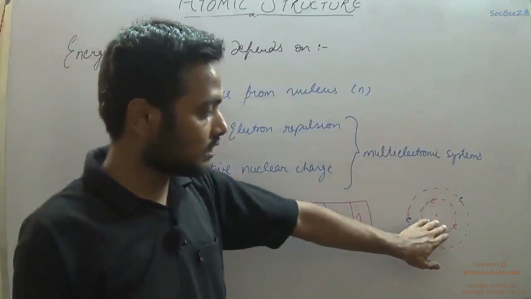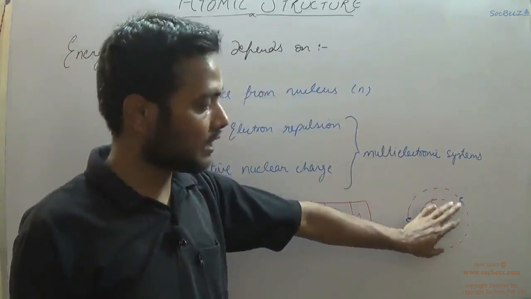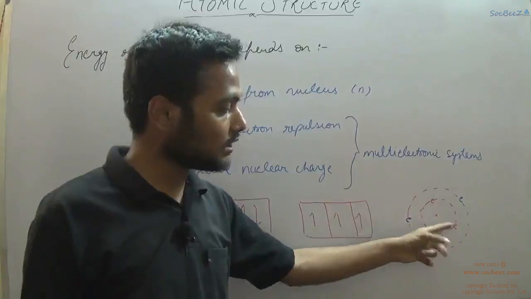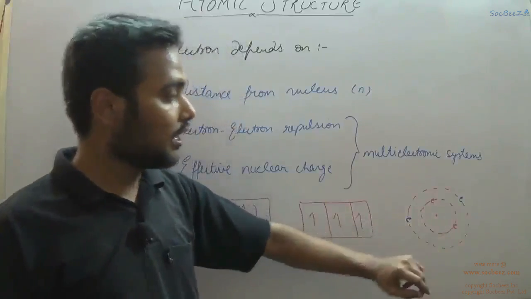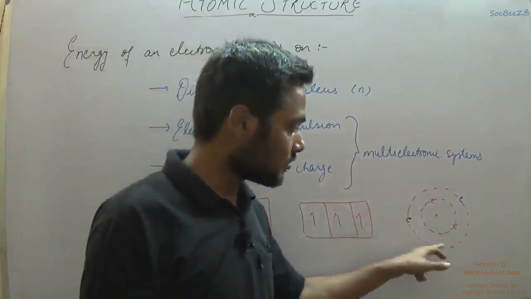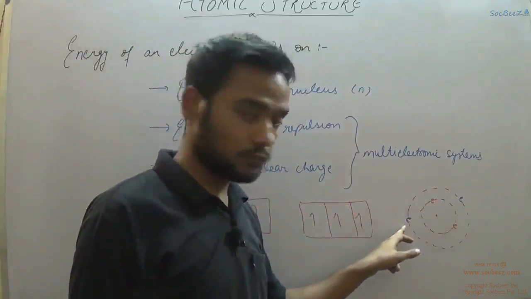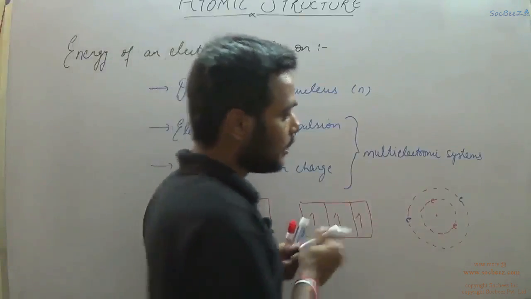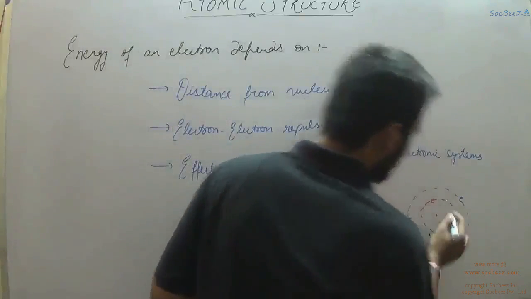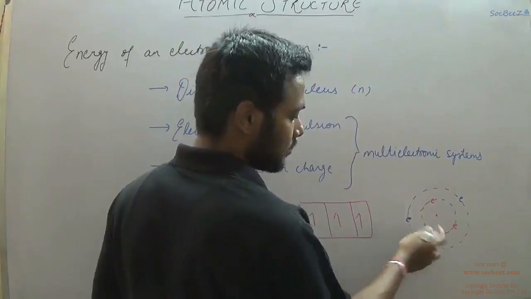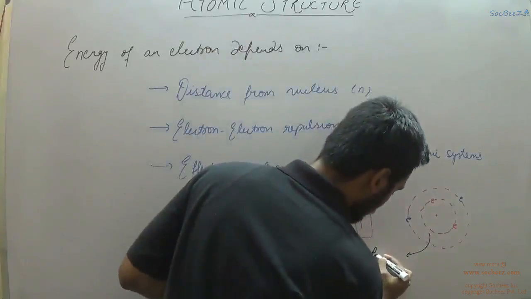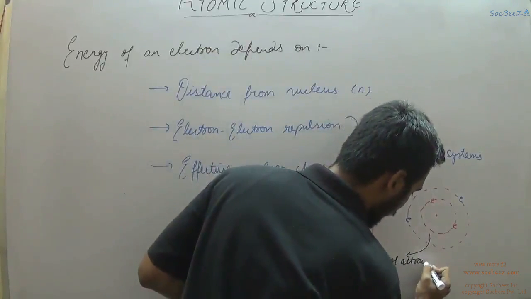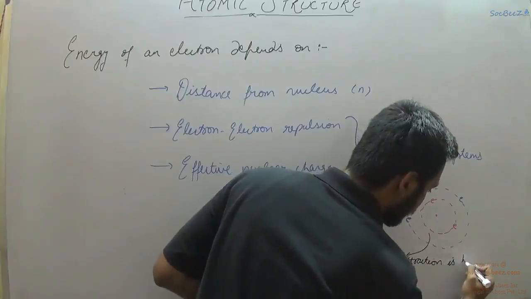The distance between the nucleus and the 1s electrons is very small, so they can see it directly, and nothing hinders the force of attraction between the nucleus and the 1s electrons. But in case of the 2s electron, there are extra electrons in between the 2s electron and the nucleus. Therefore, the force of attraction between the nucleus and the 2s electrons is hindered.